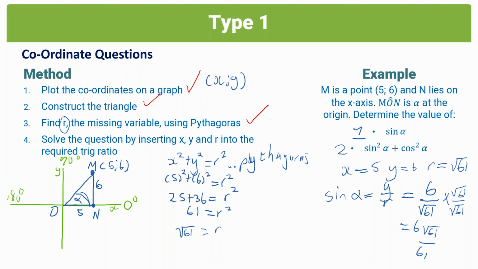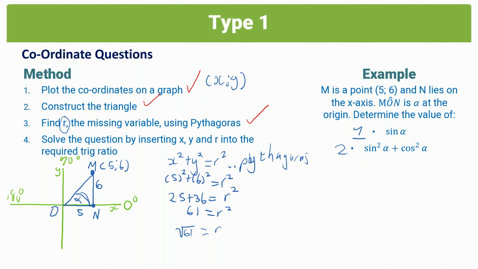For the second part of our question, we are asked to find the value of sine squared alpha plus cos squared alpha. We can go ahead and do exactly the same thing. We can write out our trig ratios: sine squared alpha plus cos squared alpha. We know the definition of sine is y over r, and it's squared because we have a square, and cos is x over r, all squared.